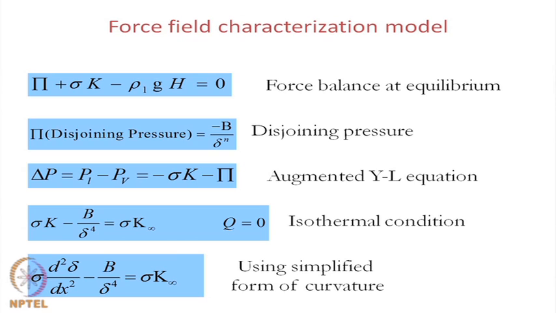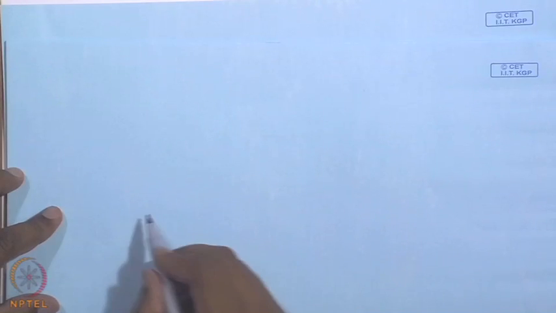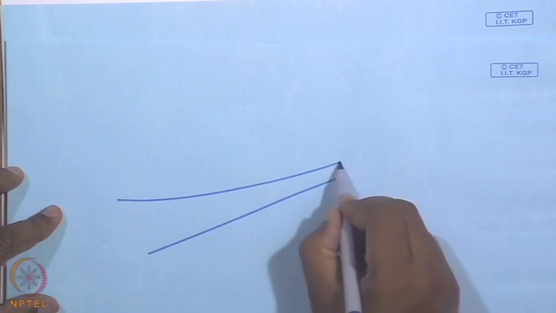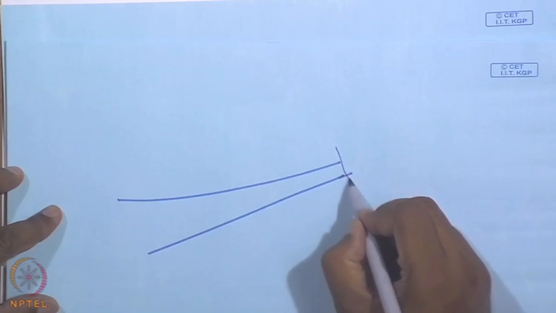And I am going to spend some time on the fourth equation, which is for an isothermal condition. If I have a thin film, let us say this is the inclined surface, from here onwards it is the adsorbed film.